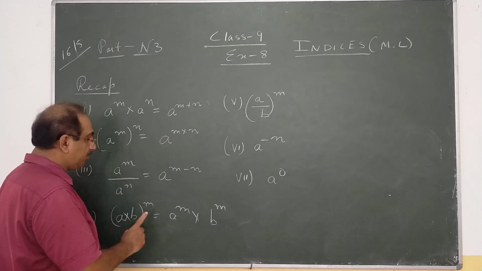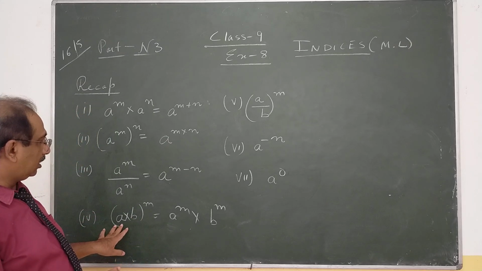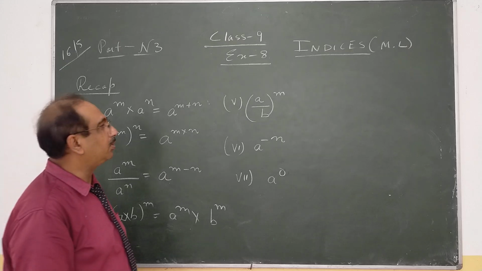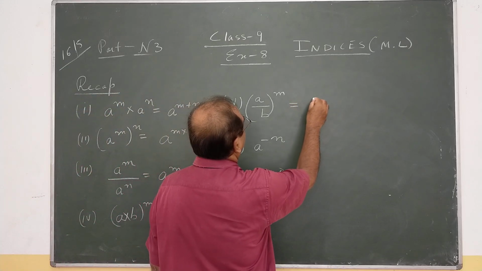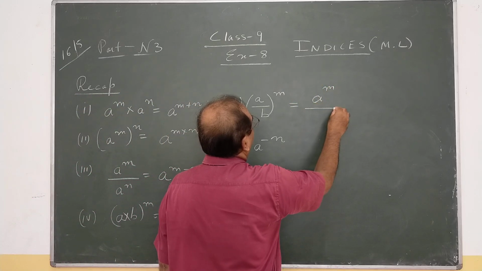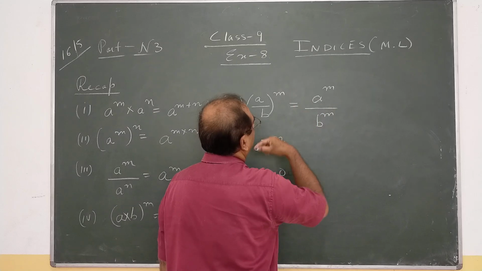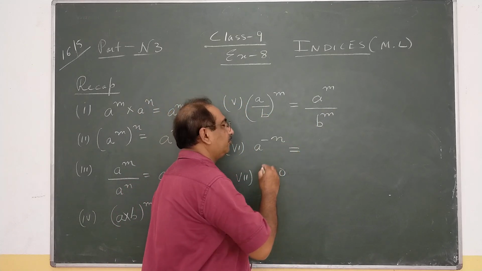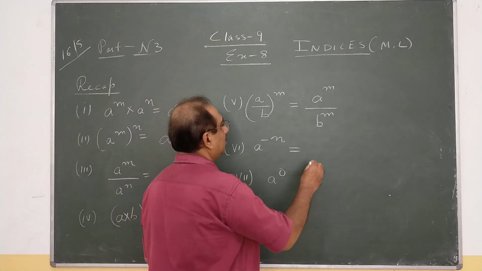It is a to the power m into b to the power m. And the same way with division, the power will go with both the numerator as well as denominator. This is also very handy and useful formula.